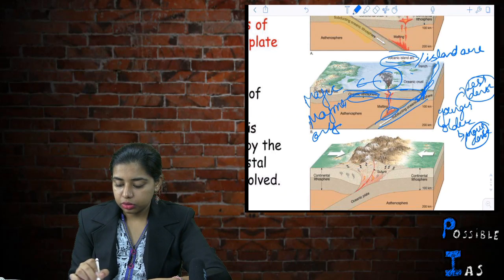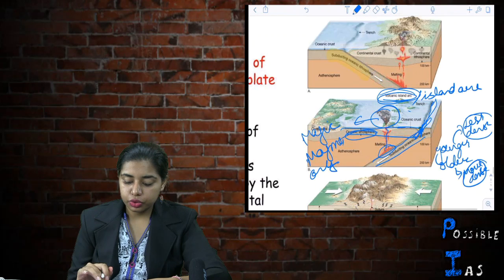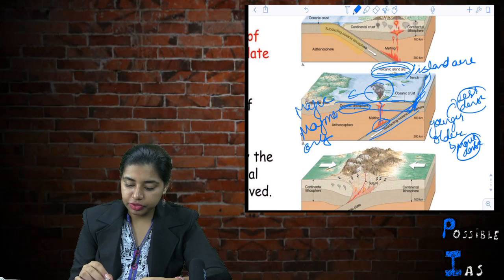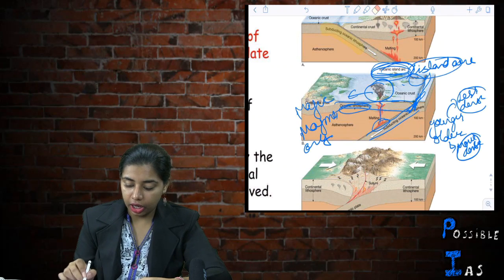So here the volcanic island arc is formed, or simply known as island arc. In continental and oceanic convergence we studied two features, a trench and a continental volcanic arc. Whereas in this, we studied two features, a trench and a volcanic island arc, or simply an island arc.